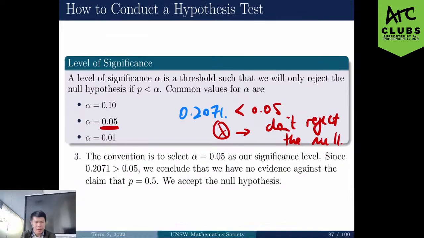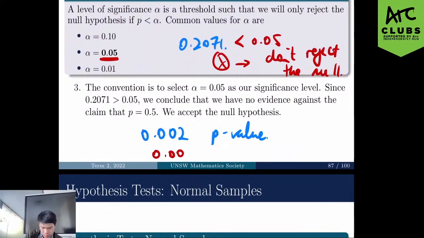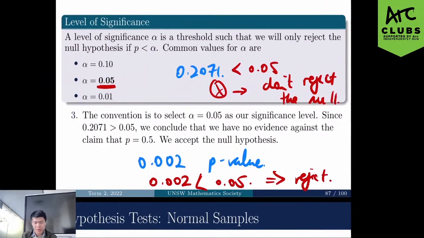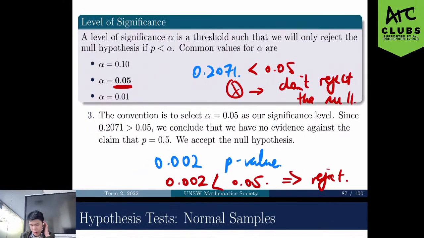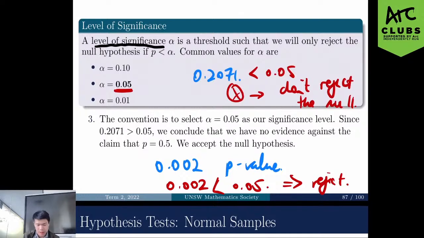If, for example, we did actually get 0.002 as our p-value, that means there's a lot of evidence against the null, so we would want to reject. Sometimes they'll specify a threshold, a level of significance, and then we use that as our level of significance.